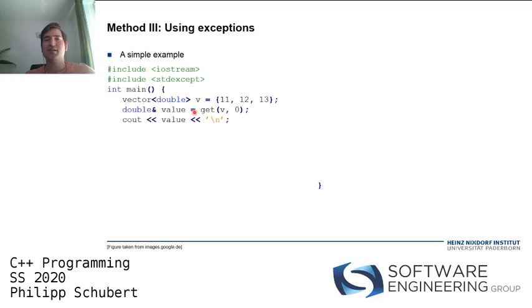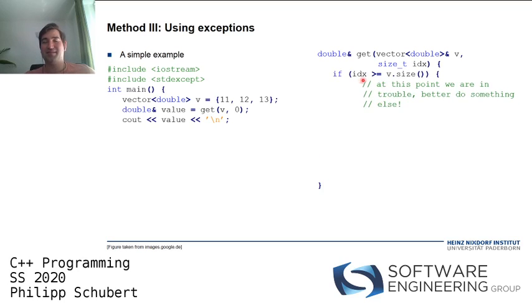Then we define a very simple function called get, which receives a vector variable and an index, and it will give you a double reference to the value at index or position 0. So the value would actually be a double reference to that 11 value stored in the vector. And of course we can also print it. You probably already noticed what can go wrong if you just use get blindly and do not really care about size. So let's define the get function here.